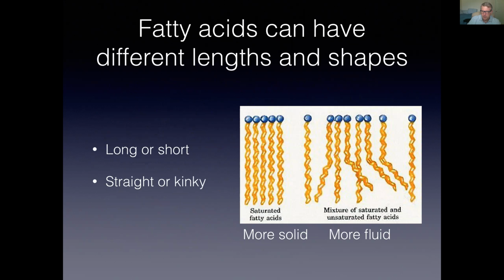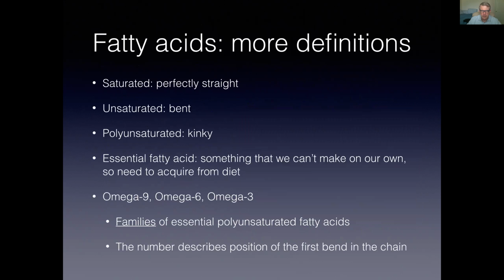In this picture, they have little blue dots at the top. Those are the acidic heads. And when I say acid, I mean organic acid. It's a very weak acid. And the golden thing is their tail. Their tail is composed of a bunch of carbon atoms. And they can be long or short, or they can be bent, so straight or kinky. The more bends they have, the less they're able to pack together, and therefore the more fluid they become when we observe them with our naked eyes.